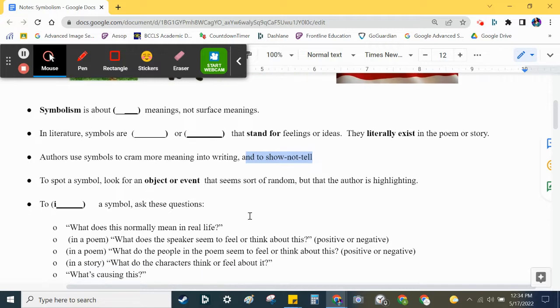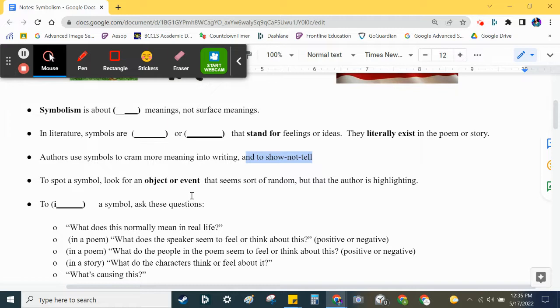To spot a symbol, well, actually, let me just first say you can't ever call the writer and ask, is this a symbol or not, and have the writer tell you the truth. It's a matter of interpretation, like a lot of things in literary analysis. So you get to decide whether something in literature is symbolic.